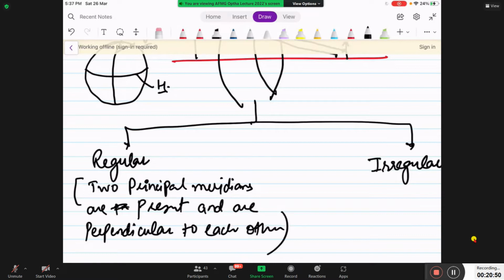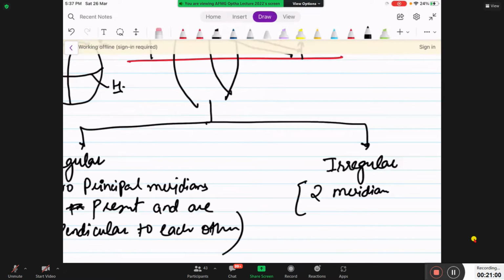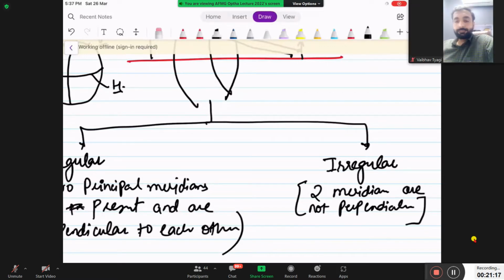Then that is called regular astigmatism. And if the two meridians are not perpendicular to each other, then that is called irregular astigmatism.